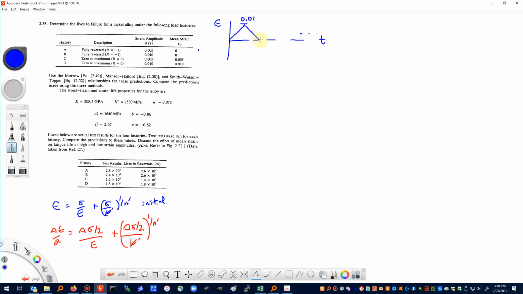This one goes down to here. Now for History D, the amplitude is 0.01, so I guess that would bring our maximum up to 0.02. All right, so keep that in mind when you do that part on your own.